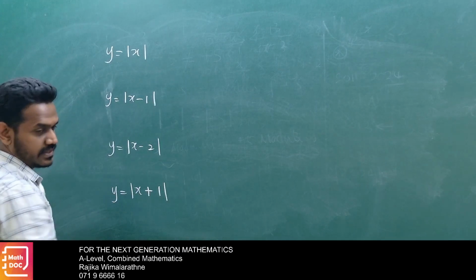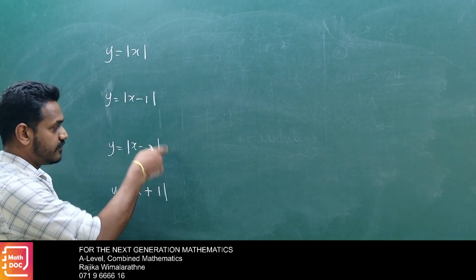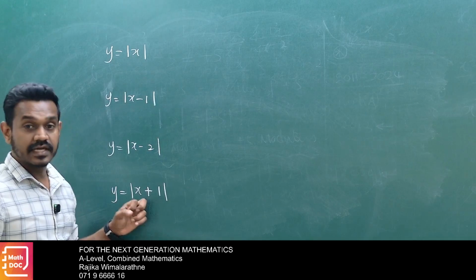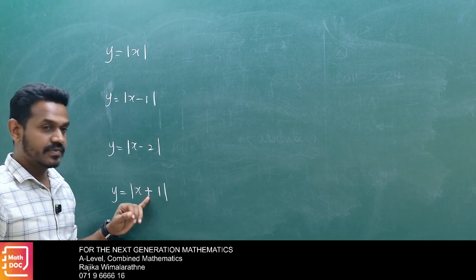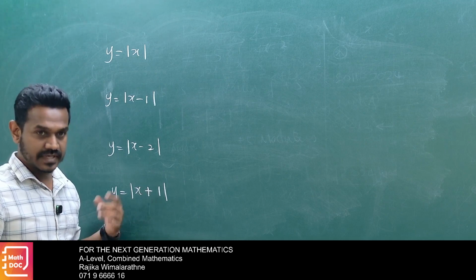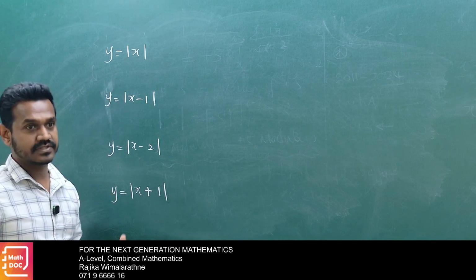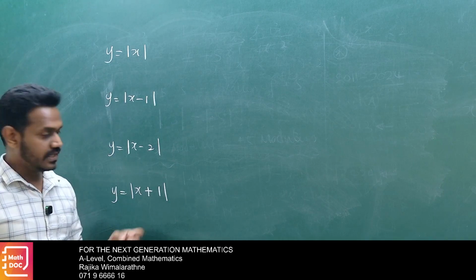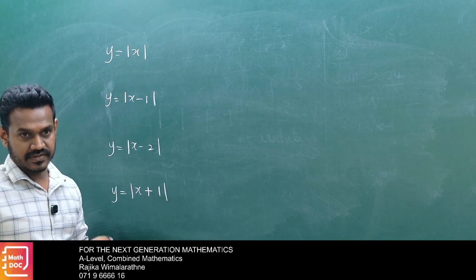These are modulus functions. Within the modulus we have a linear type, x to the power 1. There can be quadratic, cubic or rational types, but the linear one is the most important. Usually there will be a linear expression within the modulus in your A level.